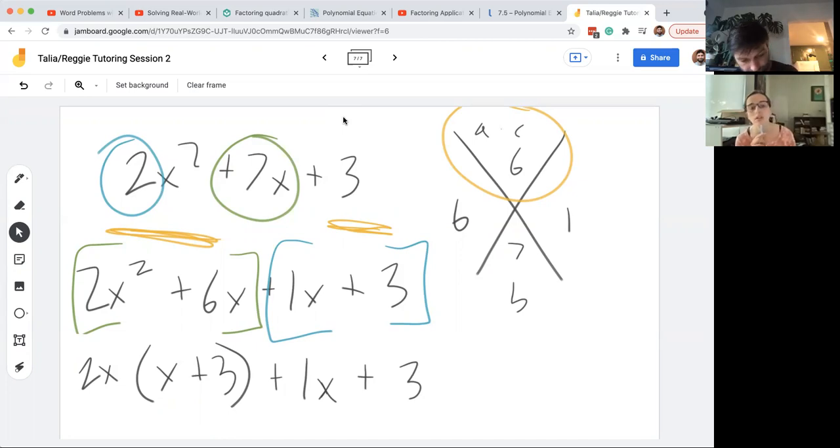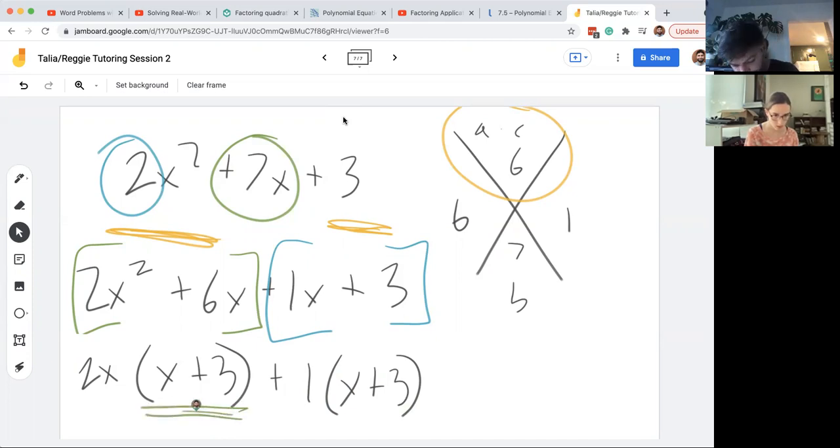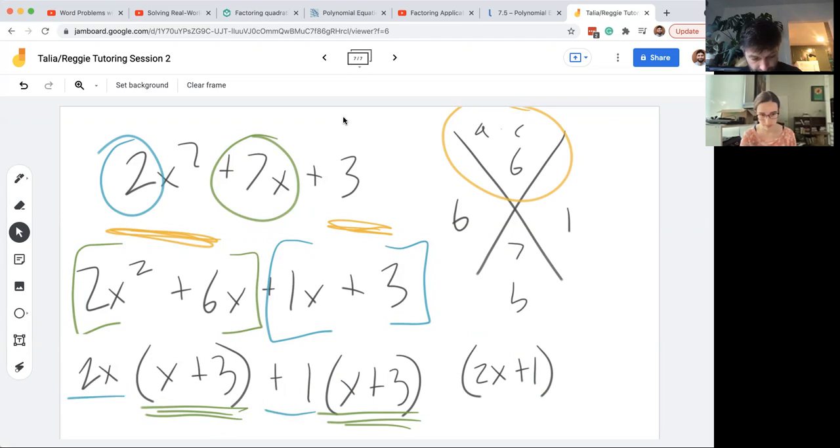So that's going to leave me with plus 1 times x plus 3. As long as these parentheticals are the same, I've done this right, and it's just going to work out that they're the same without you even really having to think about it a lot. So if I have 2x times x plus 3 plus 1 times x plus 3, then that is the same as 2x plus 1, which I'm getting from here and here, times x plus 3.